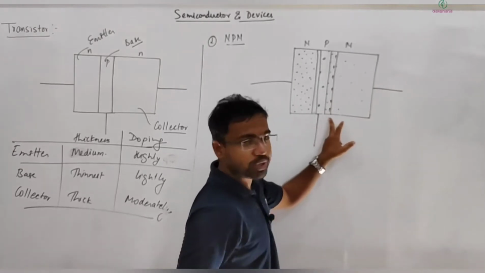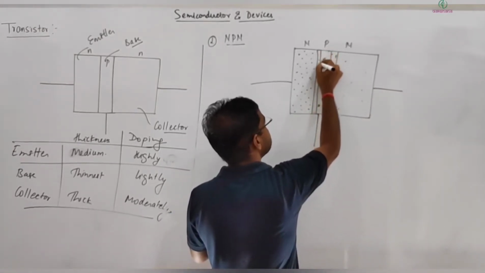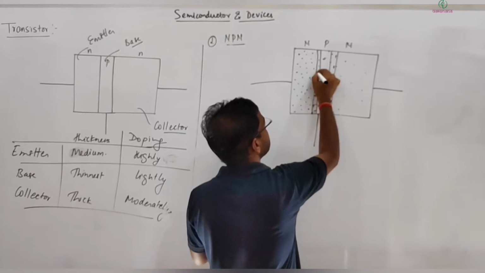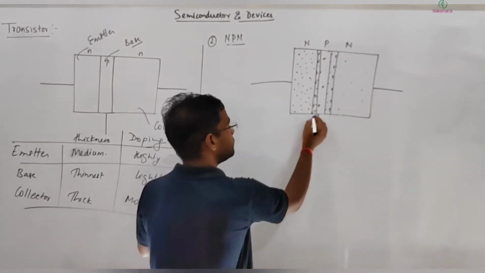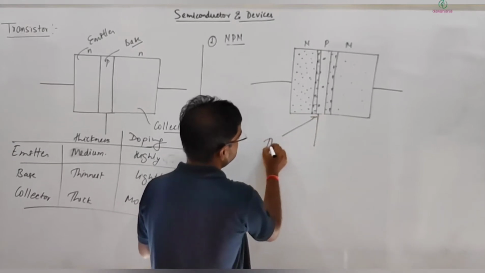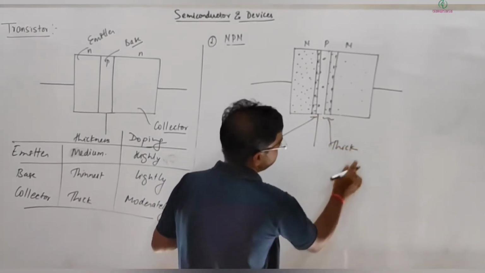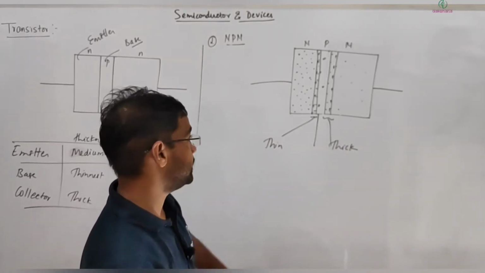So this is some potential barrier. Similarly here, some negative charge will appear this side and some positive charge on this side. So this is about a depletion layer. Here it will be comparatively thin as doping is higher, and this is comparatively thick. Clear? This is your NPN transistor.